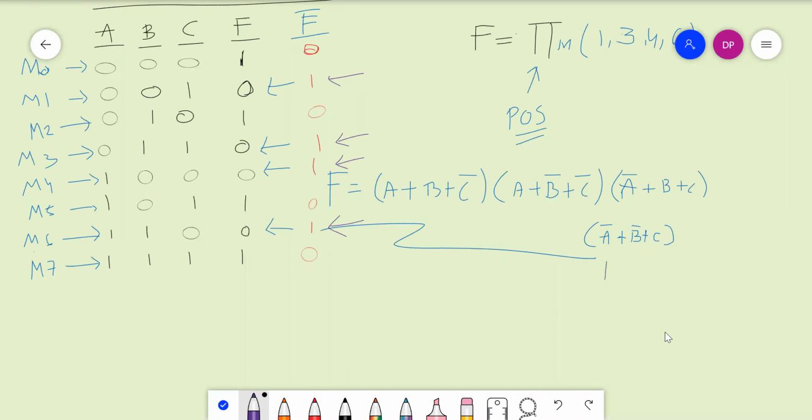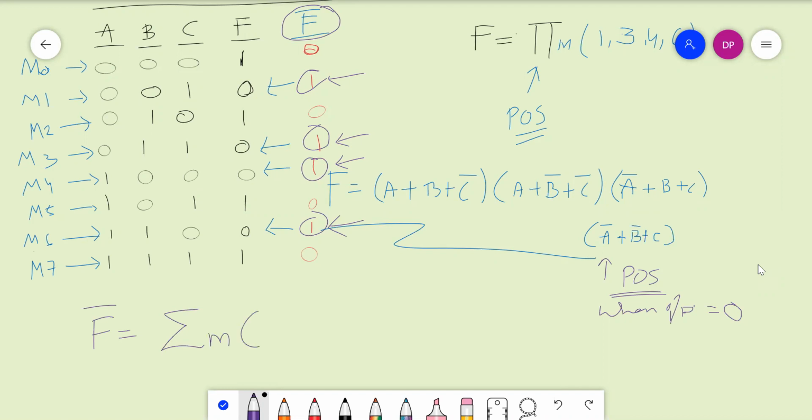This is written in terms of product of sum when we have considered outputs to be 0. When outputs 1 are considered, this function F bar can be written in terms of sum of products.